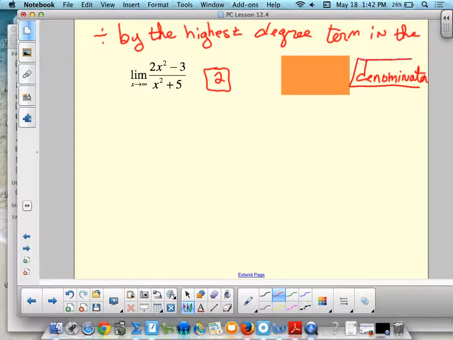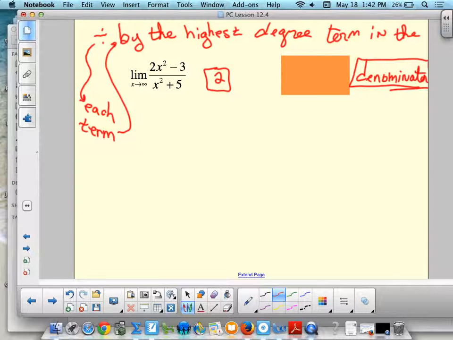Okay, I will put this in a box for you because if you don't do that, you will get this wrong. I said denominator, I did not say the numerator, all right? What you will do, divide each term by the highest degree term in the denominator.